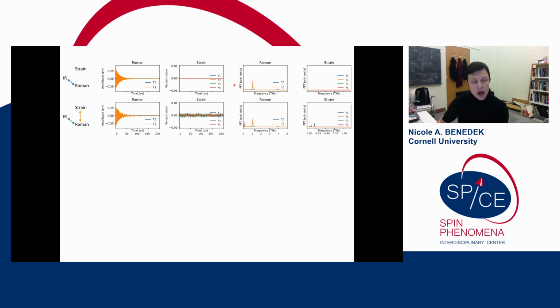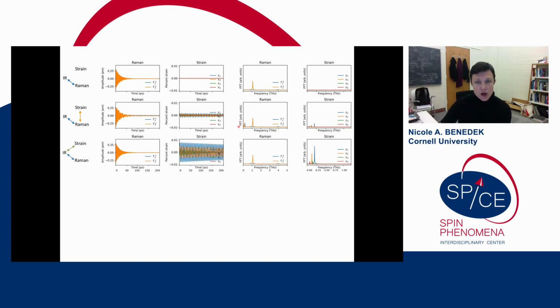When we allow coupling to strain through the Raman modes, then we start to see these low frequency components coming in for the Raman modes. They go away if we only allow coupling to strain through the IR mode, although, as you would expect, the strain amplitudes get much bigger.